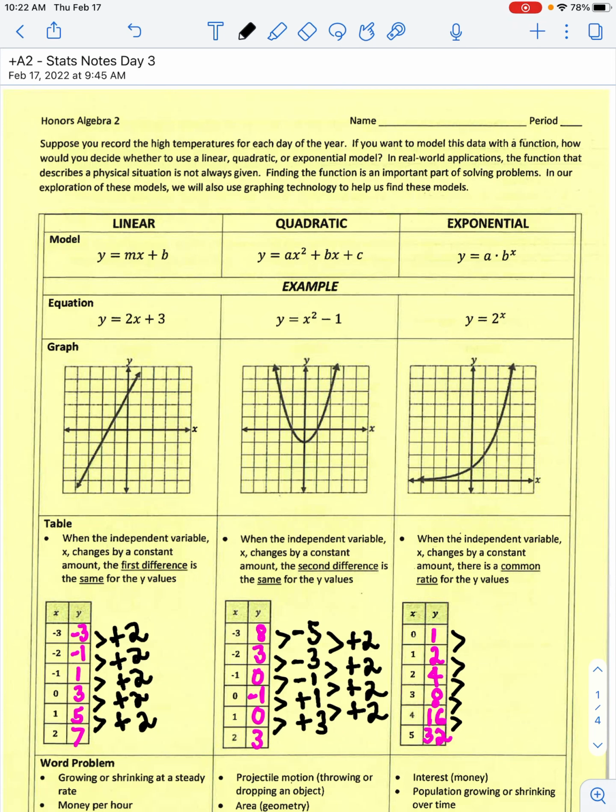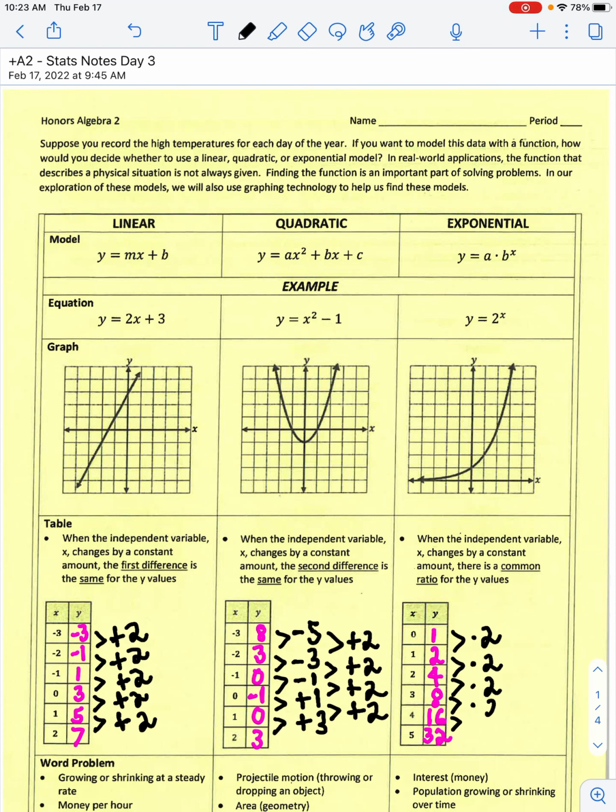If we take the y value over the previous y value, so as my x values are increasing by a constant amount, that's true of all three models, my y values, notice 1 times 2 is 2, so I'm actually multiplying by 2. 2 times 2 is 4, so I'm multiplying by 2. 4 times 2 is 8.